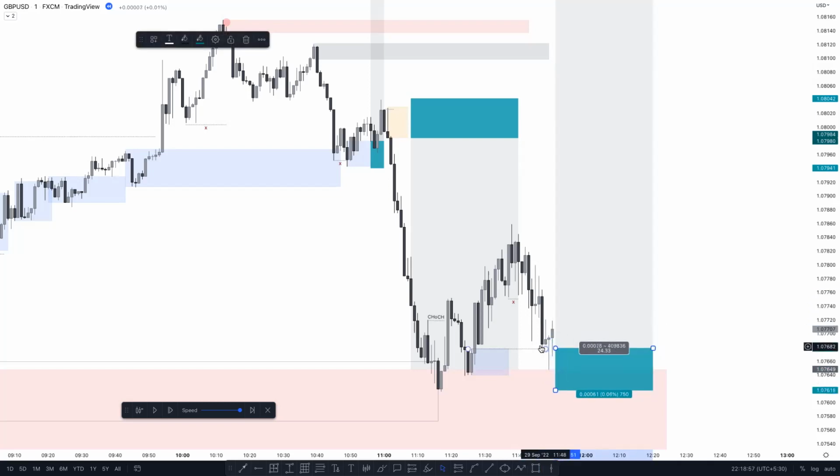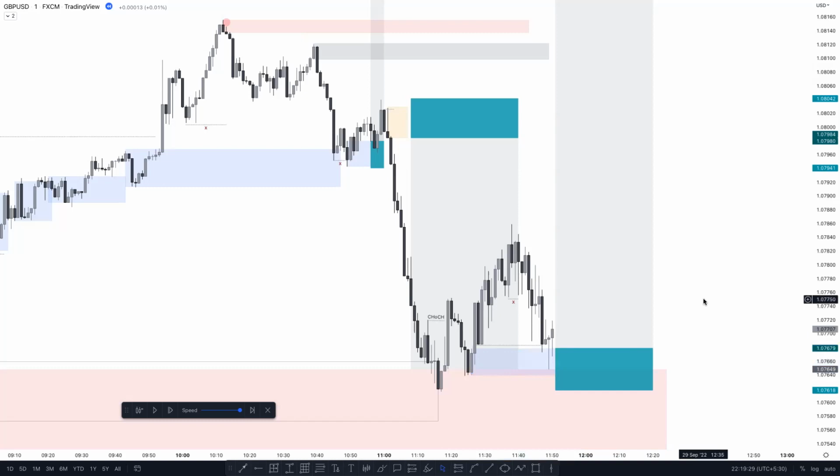So if you missed the first entry here, you can add more position after taking out this low, right? Taking this out is technically engineering liquidity in the lower time frame. So after taking out this extreme, then taking out this previous candle low and closing above it, this big entire wick acts like a demand zone, taps here and goes higher. So we can add another possible entry here, right? First entry is here, right?